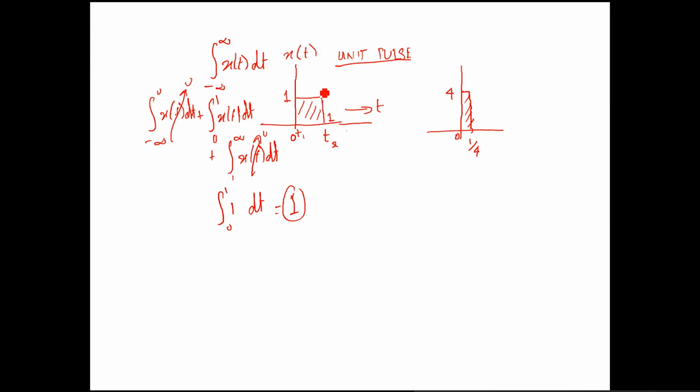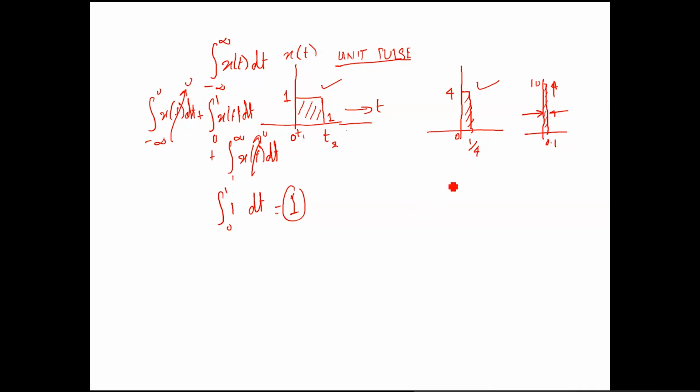Now, if you further reduce it, let's say to 0.1, what will the magnitude become? 10. So we can keep going and keep reducing this. If you keep reducing the duration, its magnitude will keep increasing, right?